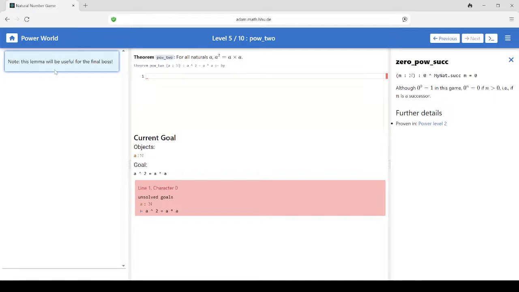Note, this lemma will be useful for the final boss. A to the power of 2 equals A times A. That's what we need to prove. What can we do? I could break down the 2. Not sure if that would be helpful.